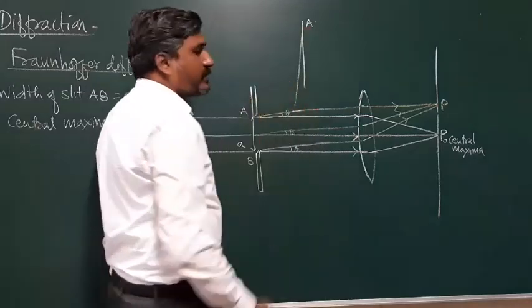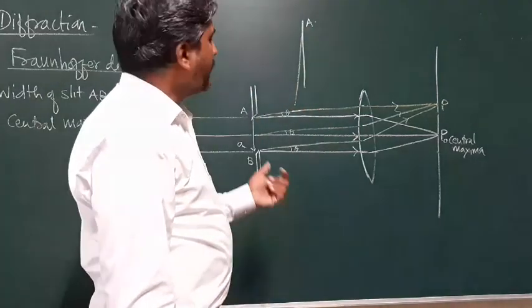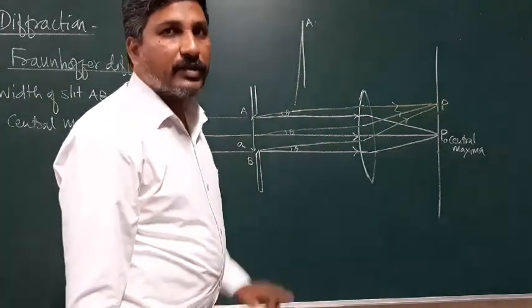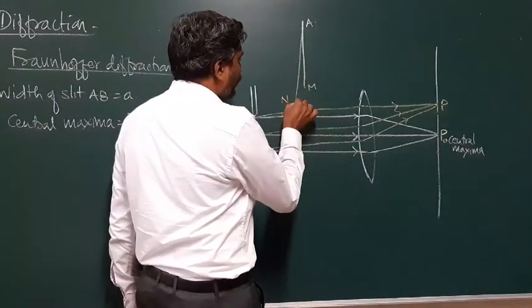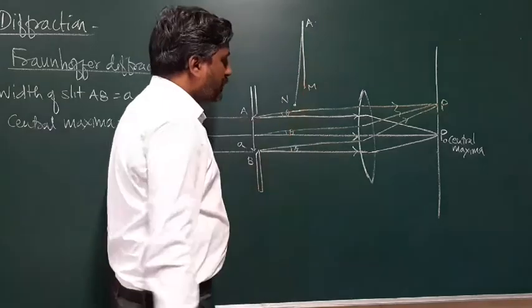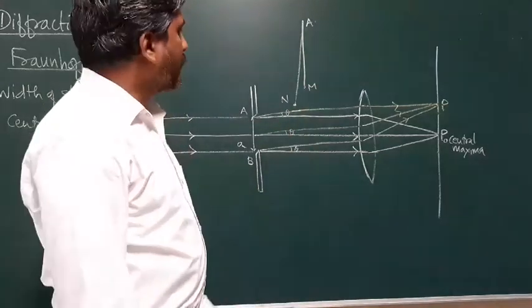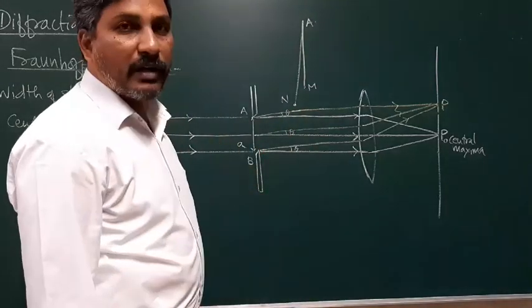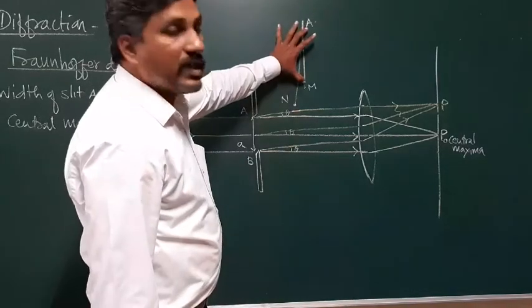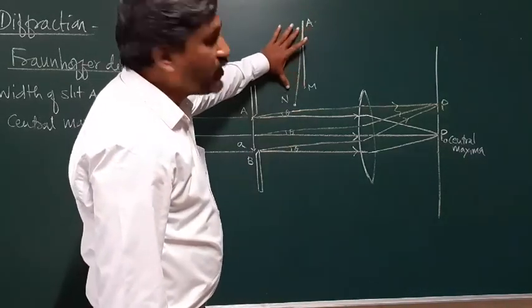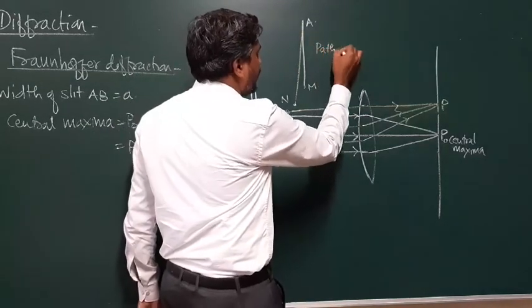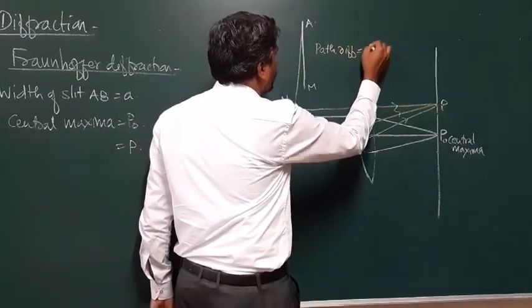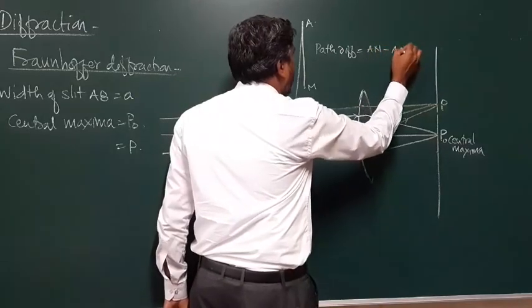Now both travel different paths. Then what is the actual path difference that we have to calculate? Let this be the point M and this be the point N. What is the path difference? Easily someone can find the path difference this way. First he measures the AM, then he measures the AN, and then he writes the path difference equals AM minus AN.